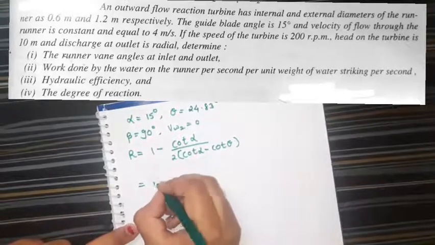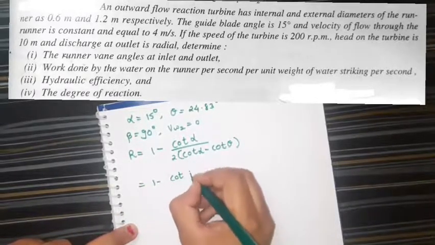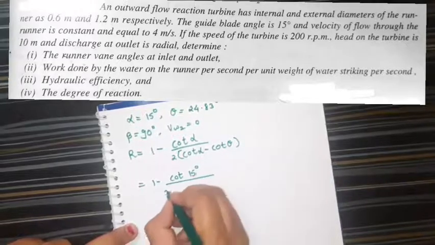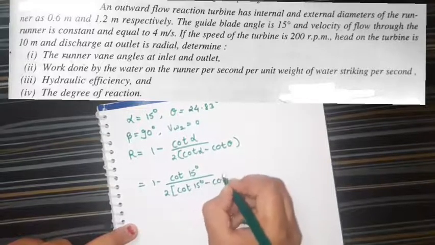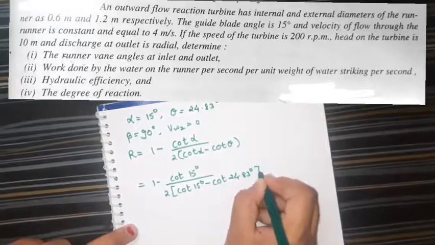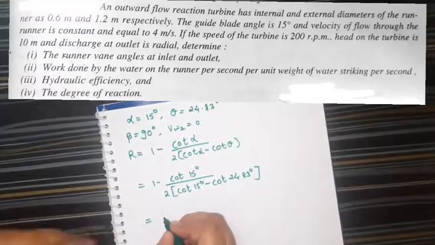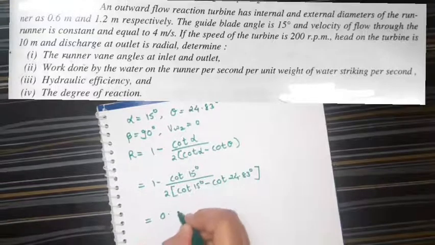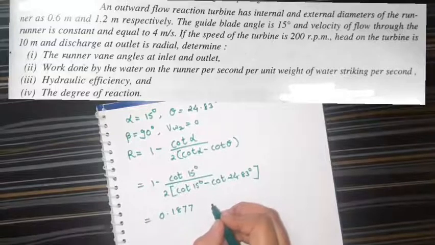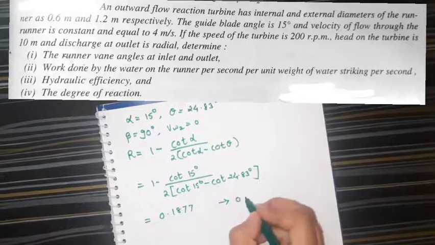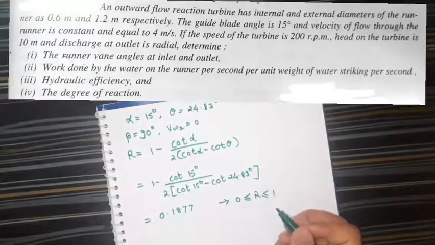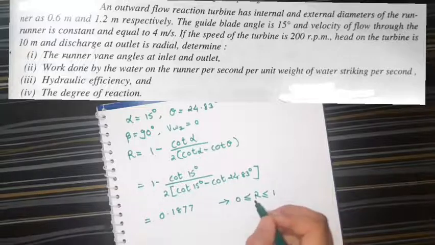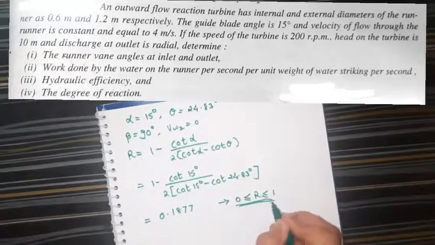So it equals 1 minus cot of 15 degree divided by twice of (cot of 15 degree minus cot of 24.83 degree). If we solve this, we will get the value equal to 0.1877. Here you can see that this value is between 0 and 1. For the Francis turbine, the degree of reaction always varies between 0 and 1.